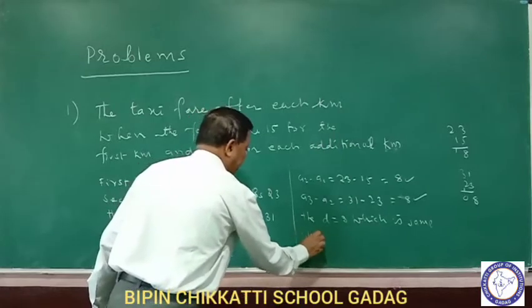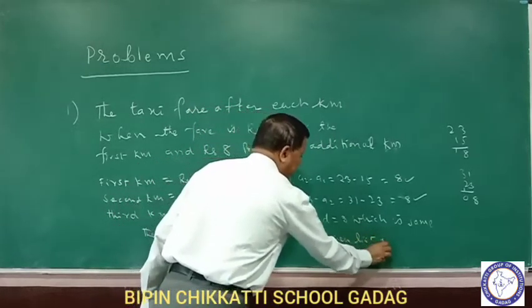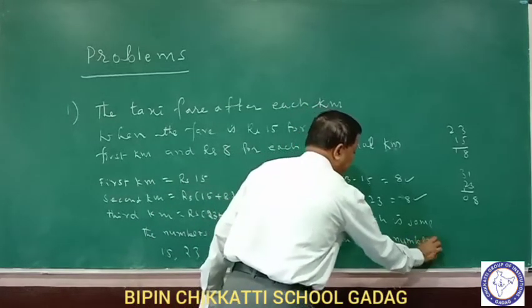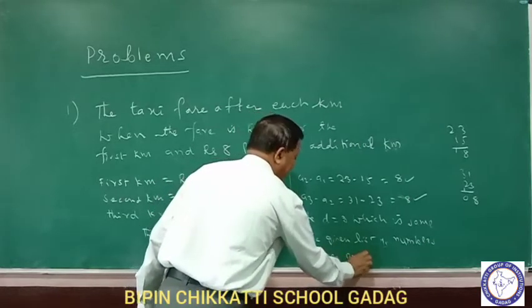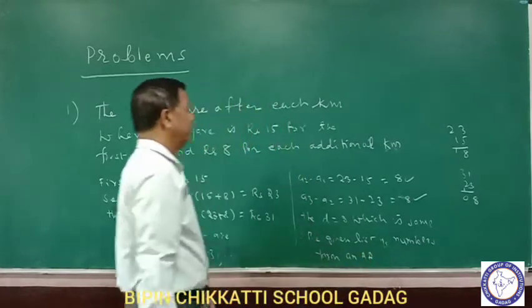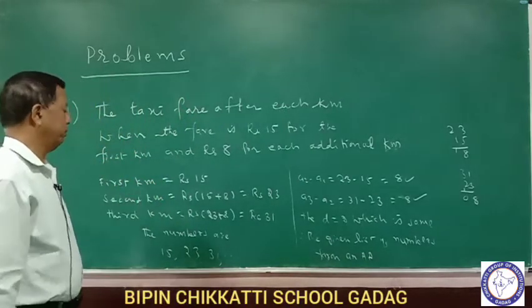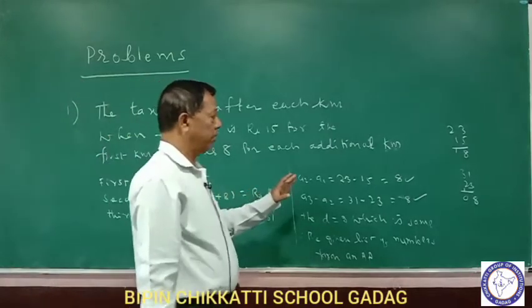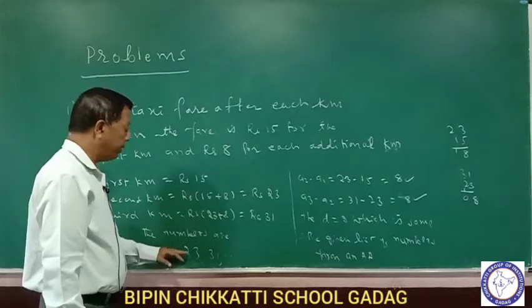Therefore, the given list of numbers form an AP. Yes, this is the answer. So accordingly, for the situation you have to write whether that list of numbers is an AP or not, and you have to see the common difference.